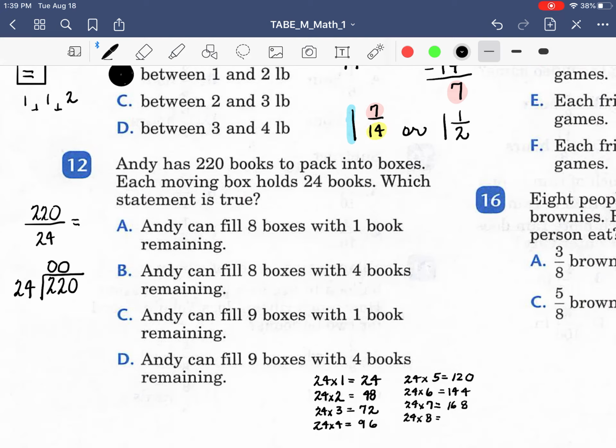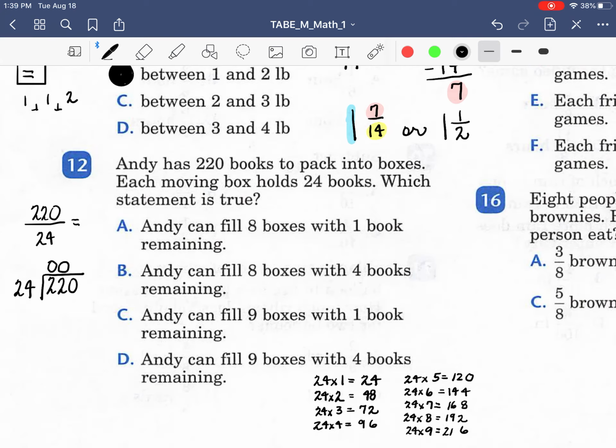Man, they're making me work for this one, aren't they? 24 times 8 is 192. 9 is as high as I can go. And I'm betting that that's going to be the one I need.